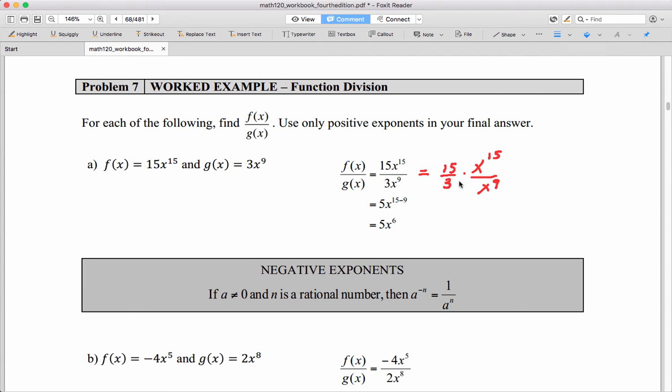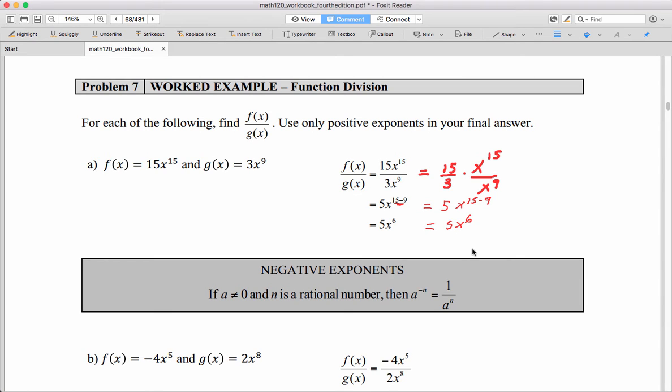Notice that the 15 divided by 3 simplifies to 5. And the x to the 15th divided by x to the 9th is x to the 15 minus 9, as we see over here in the worked part of the example, which gives me 5x to the 6.